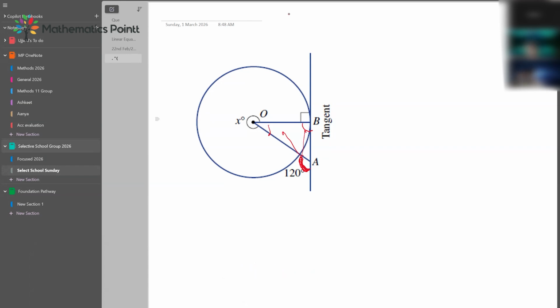So this 120 degrees is a combination of angle ABO and angle AOB, the stuff inside.